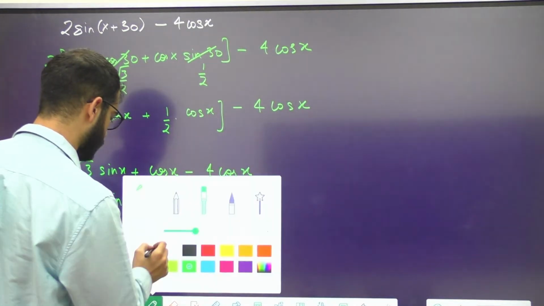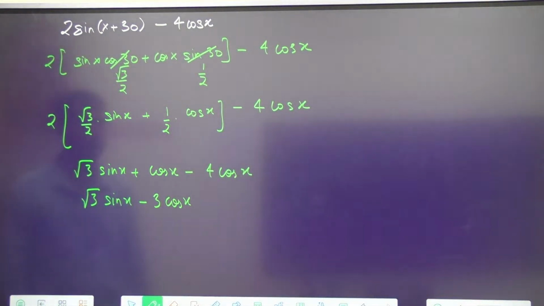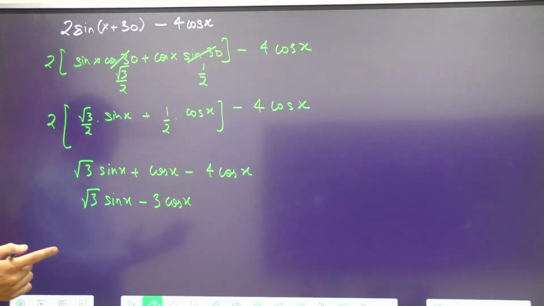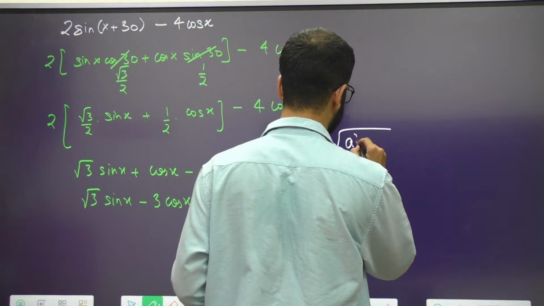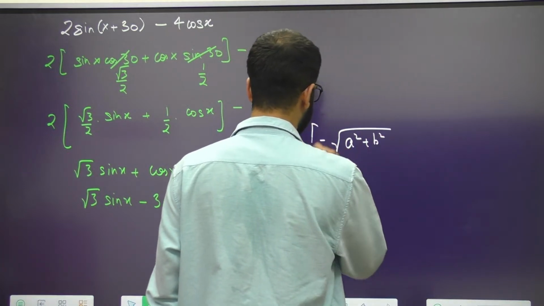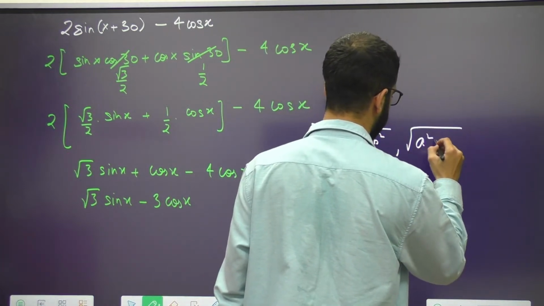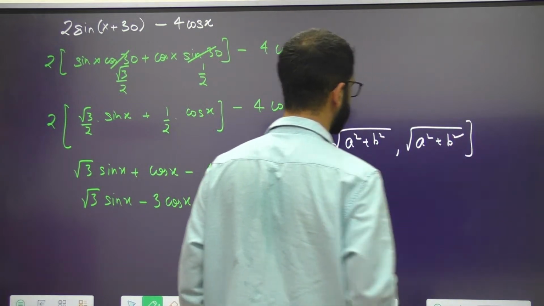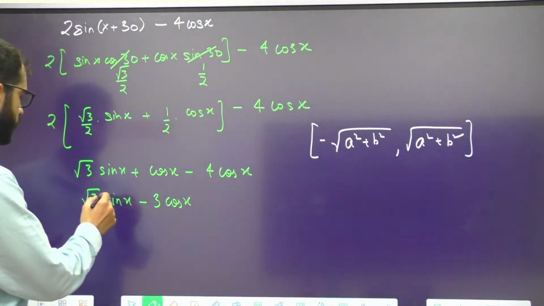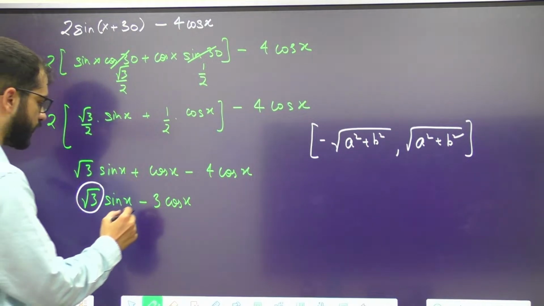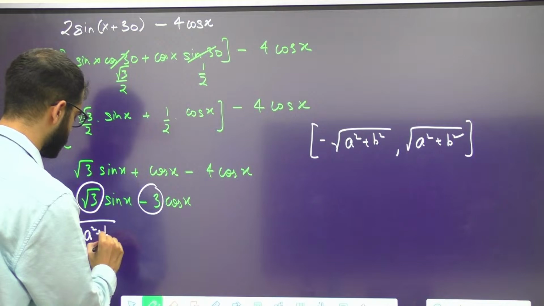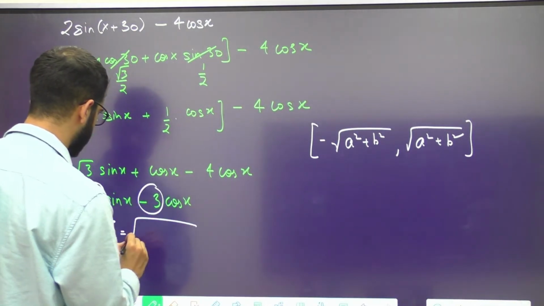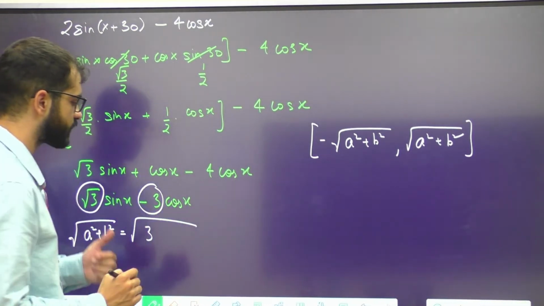I have to find the range of the expression, so I'm going to calculate the range by using the formula which we just derived. The formula was under root of a square plus b square, going from negative to the positive of this term. So in order to substitute the values, a over here is root 3 and b is -3. So under root of a square plus b square will be root of 3 plus 9, since root 3 squared is 3 and -3 squared is 9.